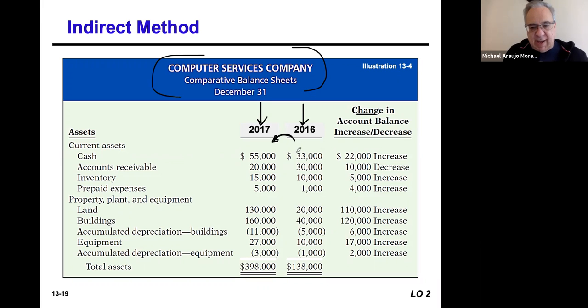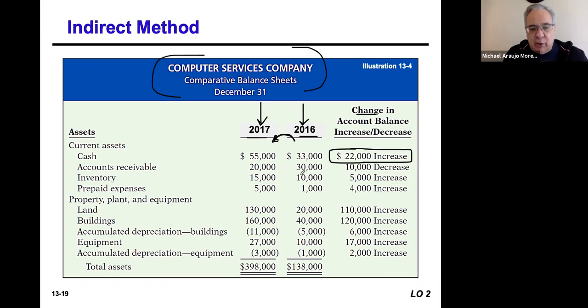So notice here that cash went from a balance of 33,000 in 2016 to 55,000 in 2017. That $22,000 increase is going to be explained on the cash flow statement. You also have to note all the other accounts and their differences.